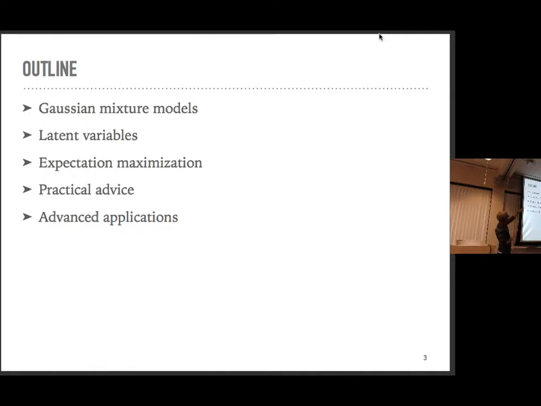And then we'll talk about expectation maximization. That's the algorithm that we use to fit our data to a Gaussian mixture model, either for doing clustering, unsupervised learning, or because that's really a physical model and we want to get its parameters. Then I'll end up giving you some practical advice on how to do these things, and then show you some advanced applications of this, just to show you that this is really a solid foundation that you can build a lot of other useful tools on.